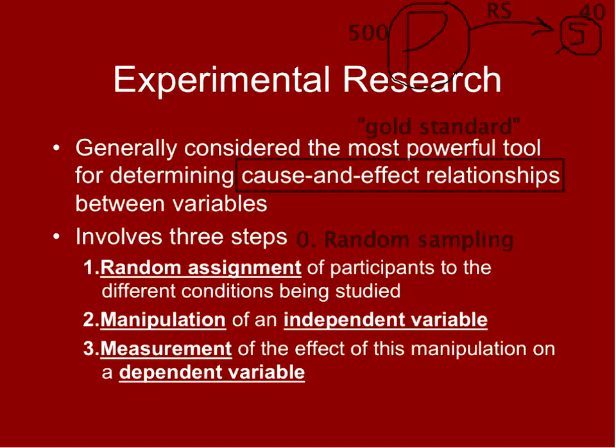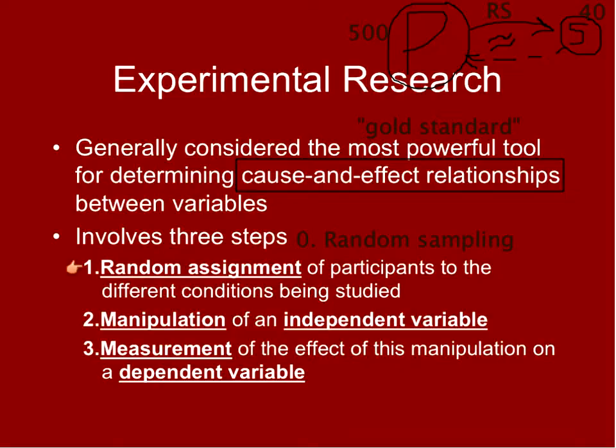Why? Because via random sampling, I can be pretty darn sure that that sample that is now in my study is representative of the population from which they were drawn. Okay? So random sampling makes my population basically equivalent to the sample that actually participates in the study. There's an equivalence now between my sample and my population.